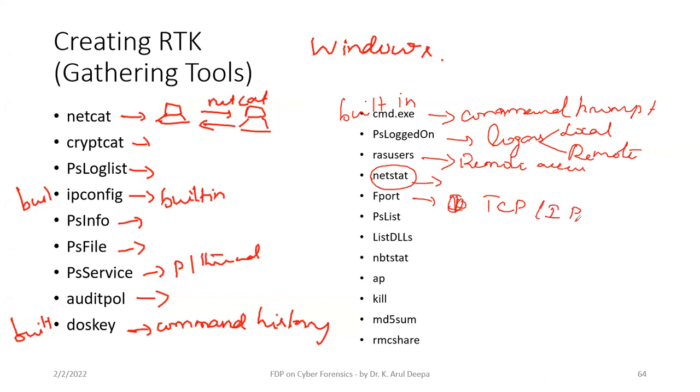If any TCP/IP port is accessed, then those processes will be listed by Fport. Whereas PsList lists all the live processes, that is, all the running processes will be displayed by PsList. And you have another tool called ListDLLs. It lists all the running processes and their command line arguments.